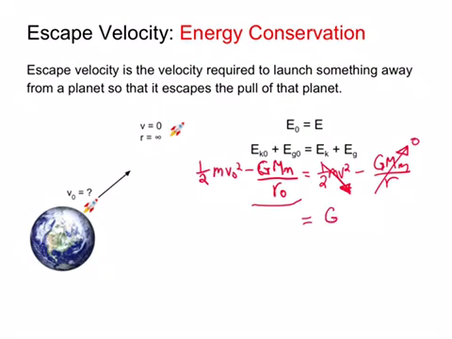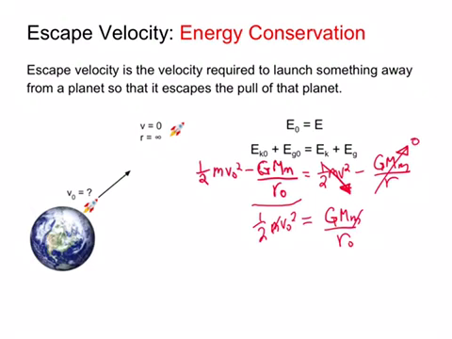So we have big G, big M, little m over r naught is equal to 1/2 m v initial squared.